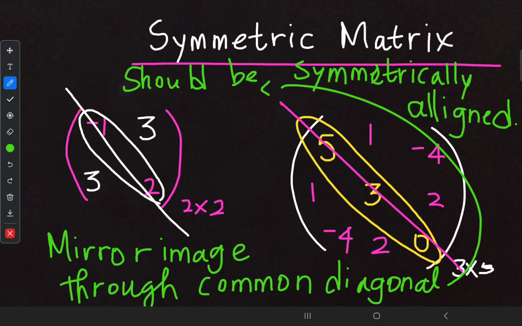That is our condition for symmetric matrix. Here the diagonal is not a problem. When we think about the remaining values, 1 and 1, -4 and -4, 2 and 2, this is the way we identify our symmetric matrices.